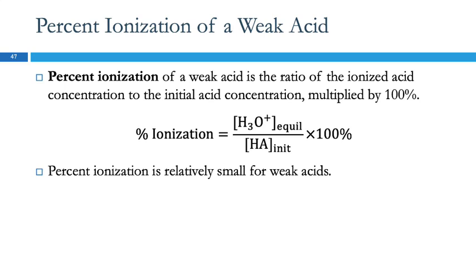And again, the general idea for a percent is it's the part divided by the whole times 100. If you remember that, a lot of times you can figure out what the equation is even if you don't remember it. So what part am I interested in? I'm interested in how much got ionized. How would I measure that? I need the concentration of the part that's ionized, and I'm going to divide it by the whole thing, which is how much acid we started out with. The percent ionization is relatively small for weak acids.